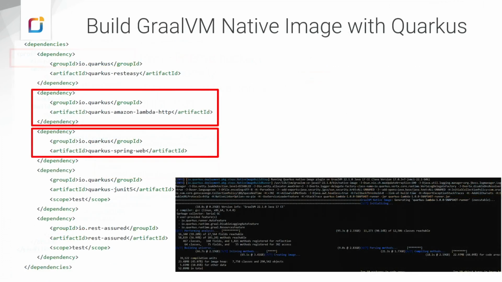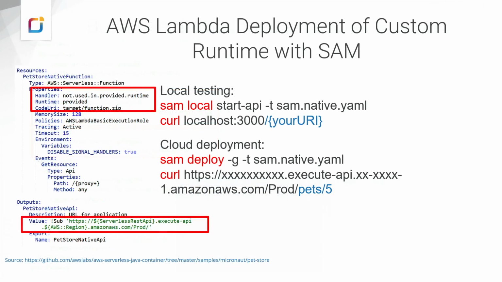The whole magic is these two dependencies. Quarkus Amazon Lambda HTTP will create a proxy to the AWS world, and this is Quarkus Spring Web, the Spring annotation processor, which will convert the Spring annotations to the Quarkus ones. You probably don't need to know this, and then you can run it, and it takes 3 minutes, and then you will have your image.